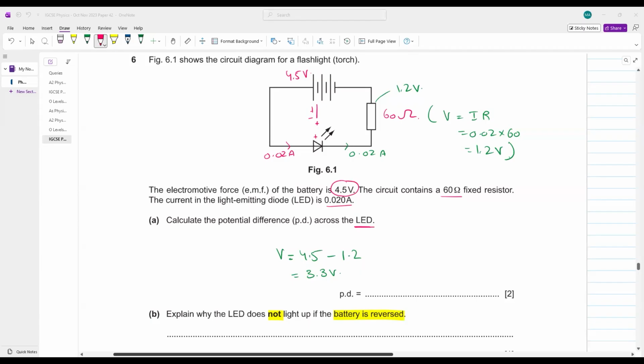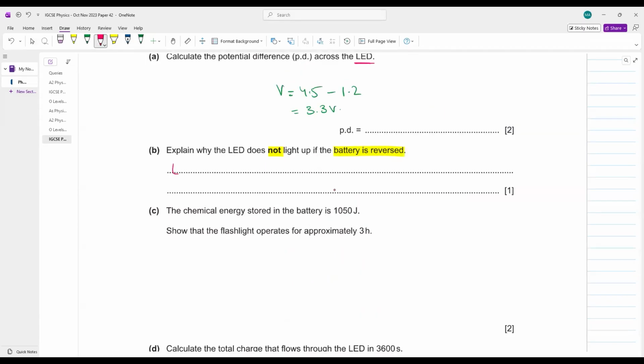So you will say: LED is a type of diode.